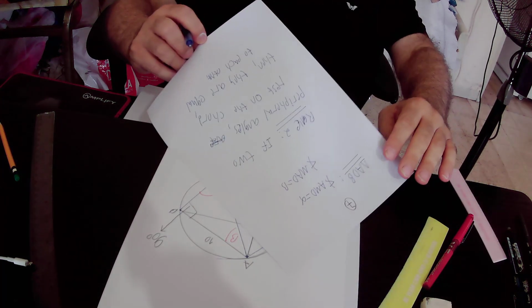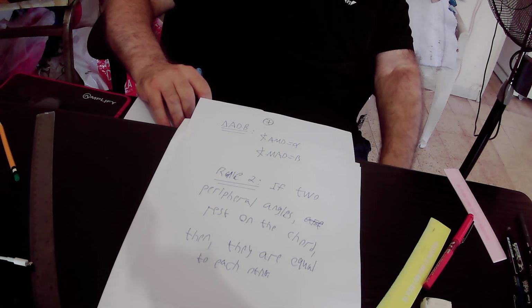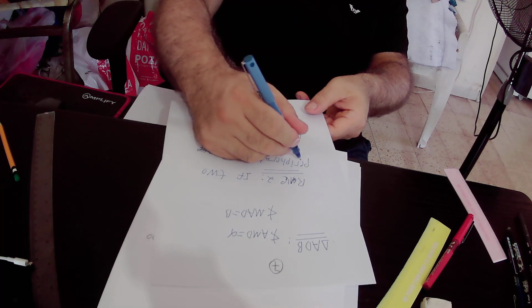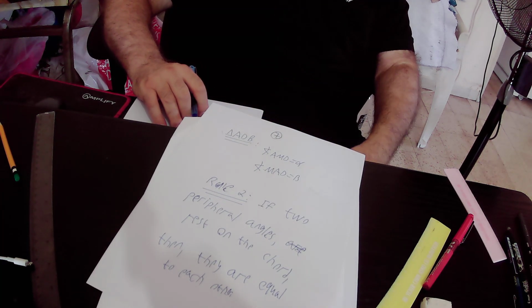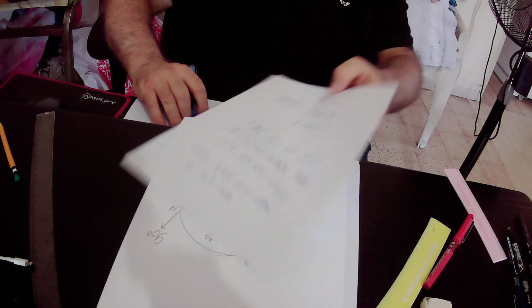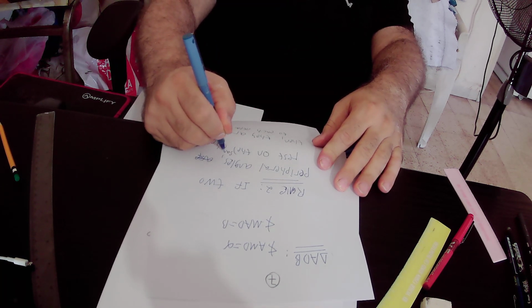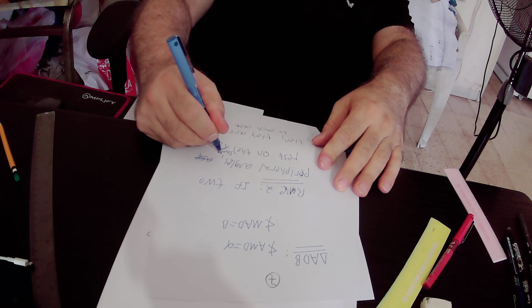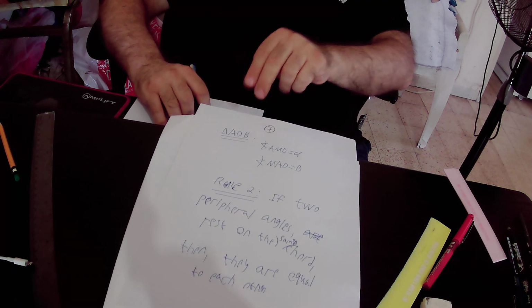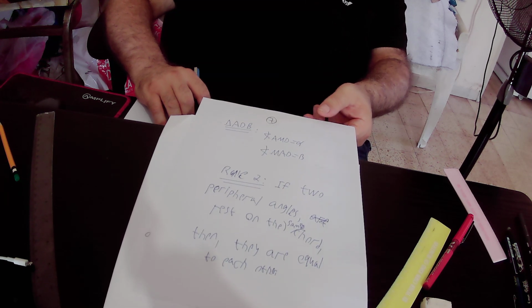So I will read again rule number 2. Rule number 2 states that if two peripheral angles rest on the same chord, then they are equal to each other.